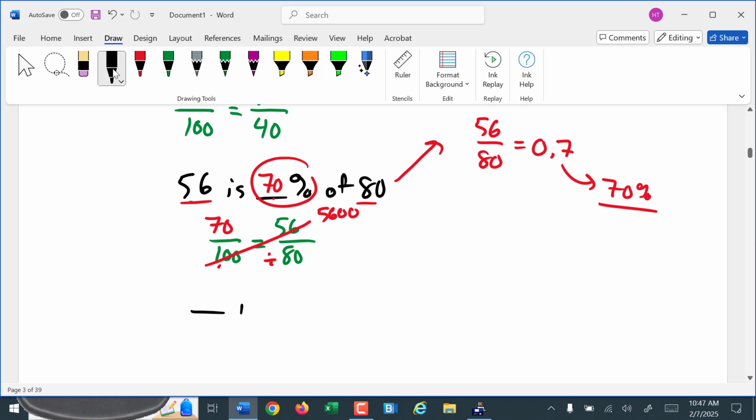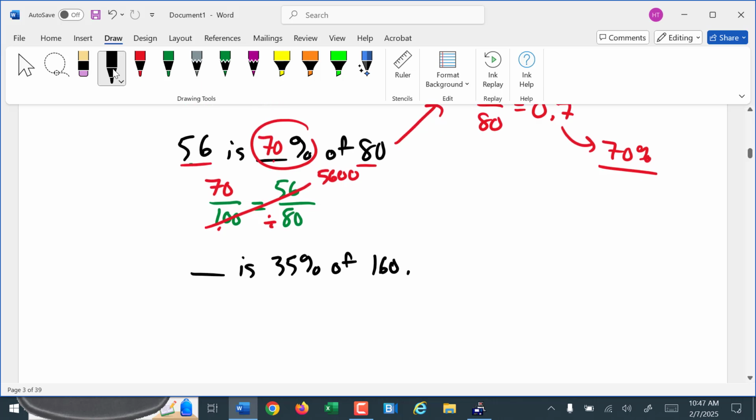If I had blank is 35% of 160. For the rate method, I have to turn that 35% into a rate or a decimal form. So that's 0.35.